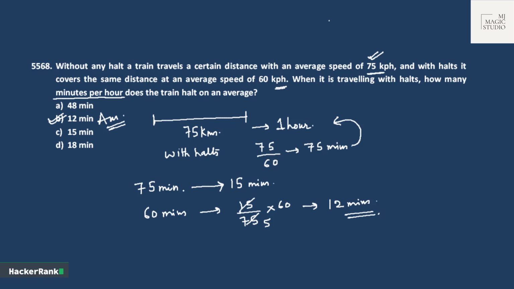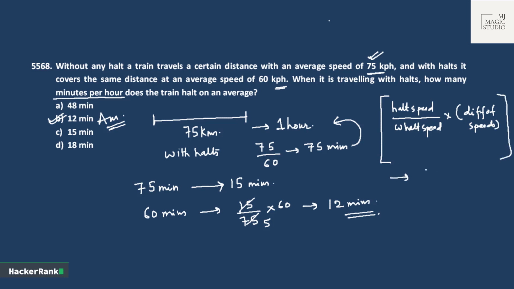We have a direct formula also to solve this. If you want to, you can use it. It is halt speed divided by without halt speed into the difference of speeds.